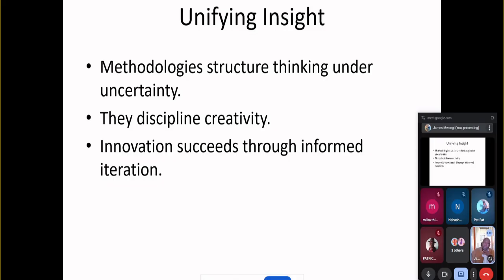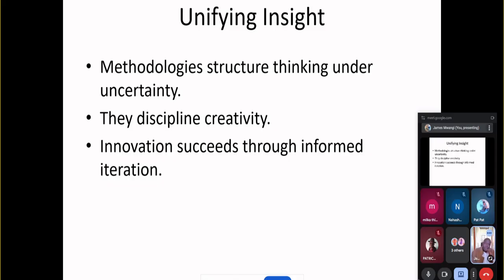Because you don't have to be ambiguous. So you have to structure the methodology. Methodologies also discipline your creativity so that you are not flying all over the world when you are trying to come up with a solution, or come up with a solution to the wrong problem.